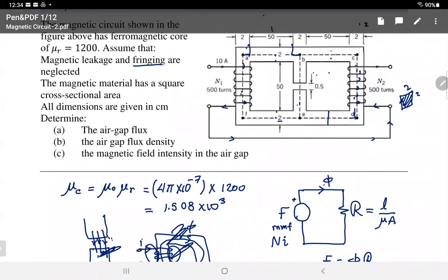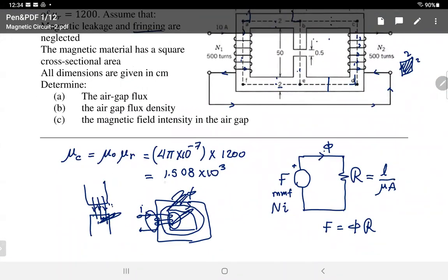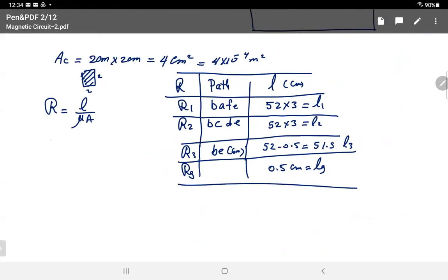Yes, that's mu C for the core, 1.508 times 10 power 3. And we know mu naught, when we deal with the air gap, we use only mu naught, which is equal to 4 pi times 10 power negative 7.